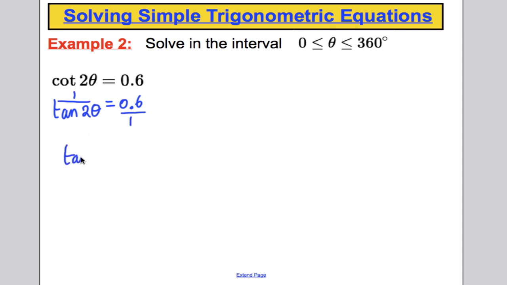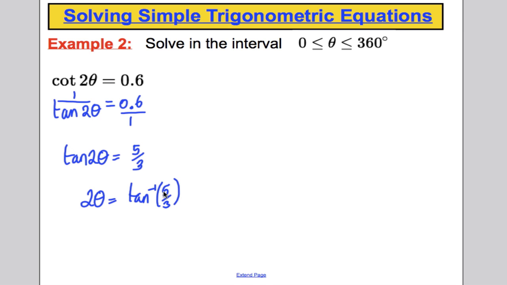So therefore, flipping the fraction, tan of 2 theta must be 1 divided by 0.6, which is equal to 5/3. So the principal value of 2 theta is the inverse tan of 5/3.